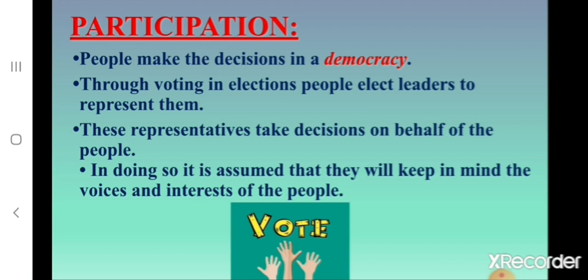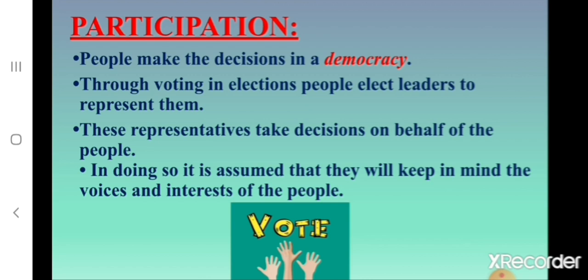Now children, you know that we have regular elections, and the people make the decisions in a democracy. How? They vote for their representatives, isn't it? Who makes the decisions in a democracy? People make the decisions in a democracy. That is, through voting in elections, people elect leaders to represent them.